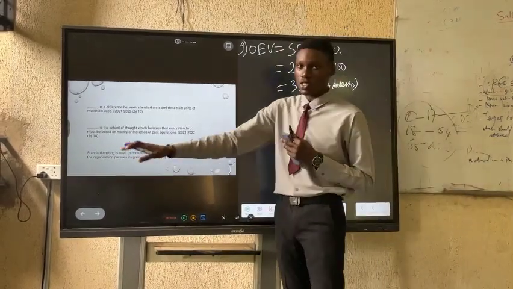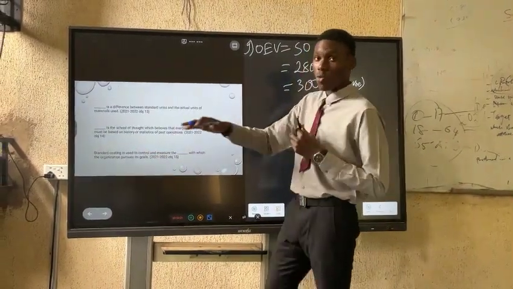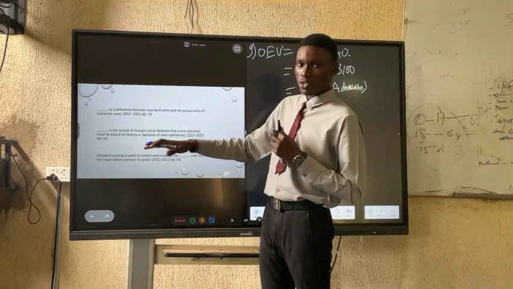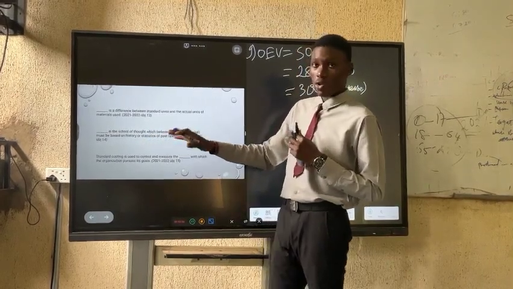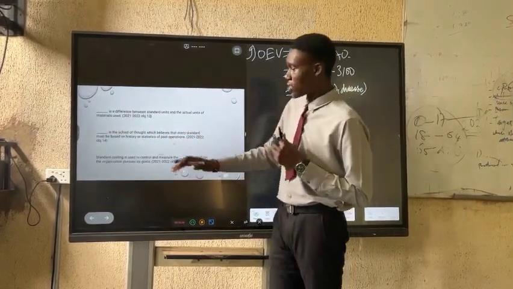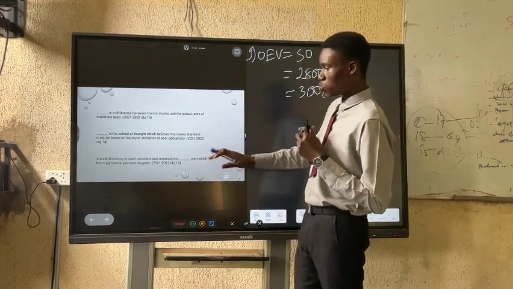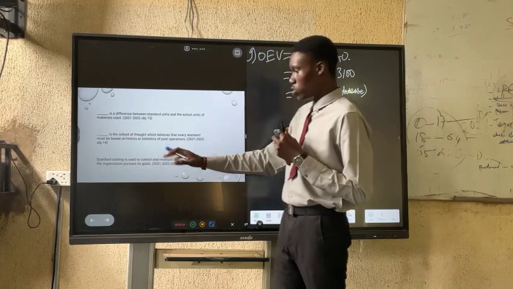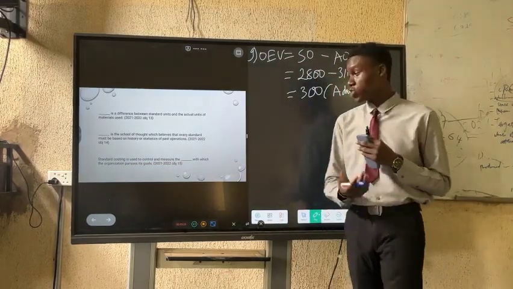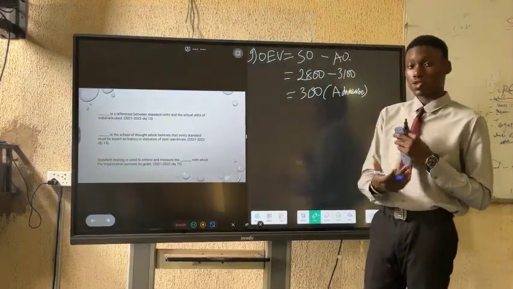The answer for this question, even though we didn't talk more on it, is the historic cost group. Standard costing is also used to control and measure the efficiency with which the organization pursues its goals.